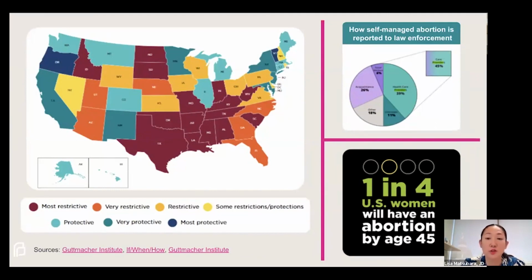So, as was the case before the court decision, abortion bans and restrictions, their main purpose is to really cause confusion, not just for patients, but also for providers on how to comply.